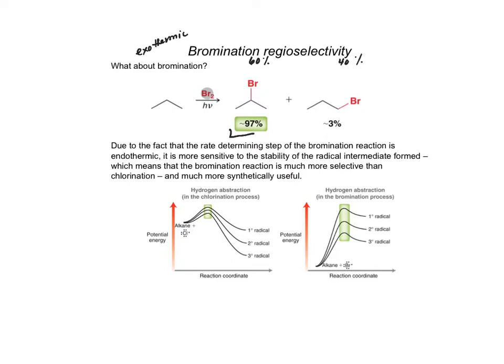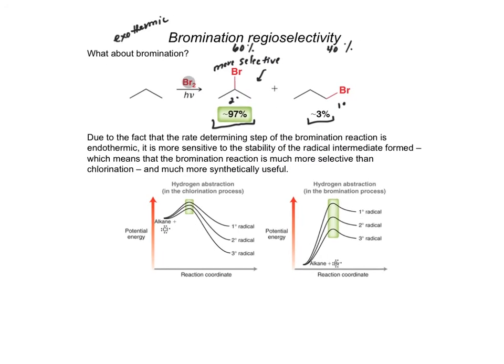For bromination, though, we see a 97% formation of our secondary alkyl halide and only 3% formation of our primary alkyl halide. So the bromination reaction is much more selective for the more substituted alkyl halide, okay?